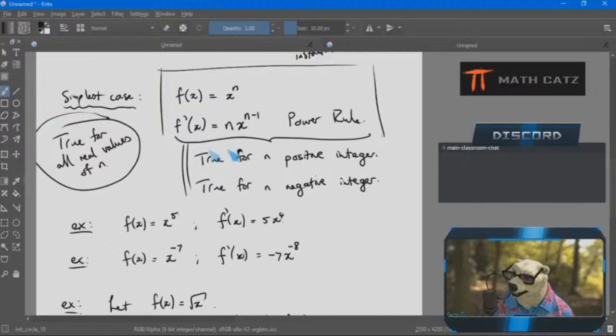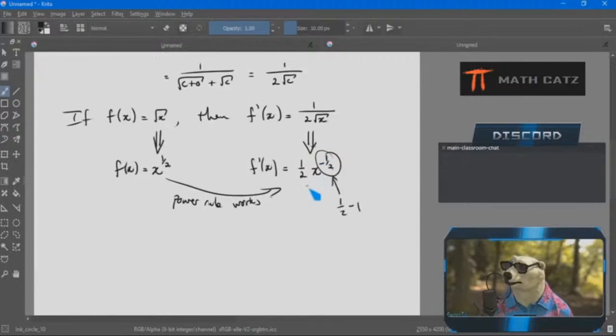So it is quite powerful. Get it? Power rule, power of x, powerful? No? Okay. In that it covers a lot more functions than we originally might have thought. Okay. Power rule. Any power of x, if it's x to the power of something, the power rule will help me.